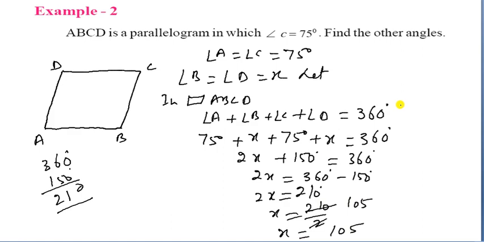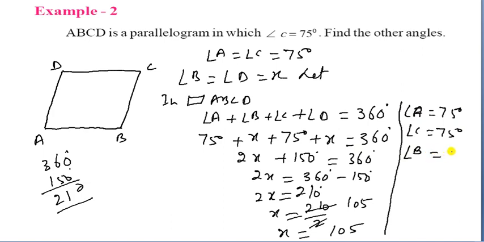Now all the angles are measured. Angle A is 75 degrees, angle C is 75 degrees, angle B is 105 degrees and angle D is 105 degrees. So these are the angles in this question.